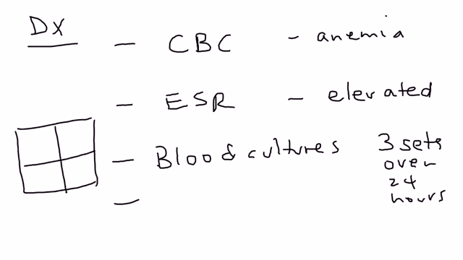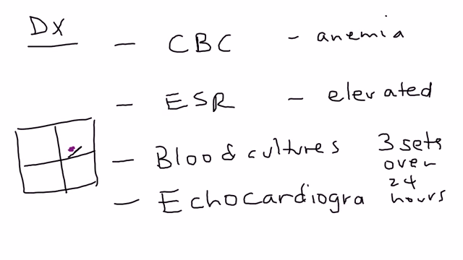So if we go back to that diagram, and let's say we have a vegetation sitting on someone's heart valve, it would be visualized by the echocardiogram. So the echocardiogram is the diagnostic test that you do to visualize the vegetation, which I've drawn, and the blood cultures are what you do to isolate and identify the actual organism.